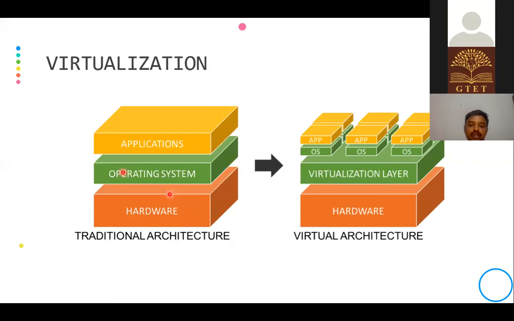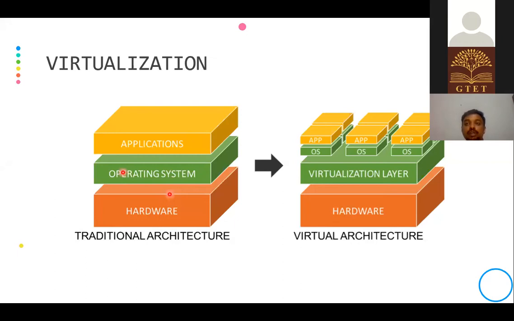What virtual architecture does is it enables users to use the same computer from two different places, right? Two different users can use two different softwares on the same hardware, and this is done by the virtualization layer.